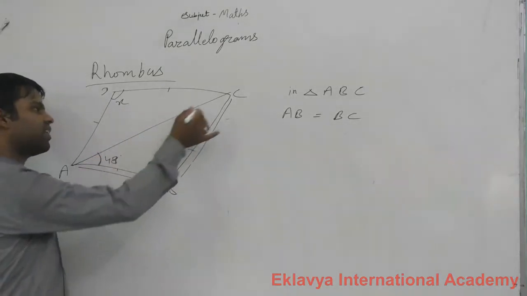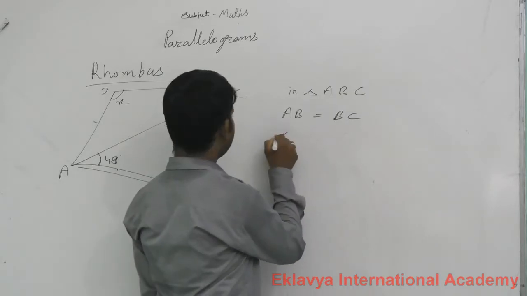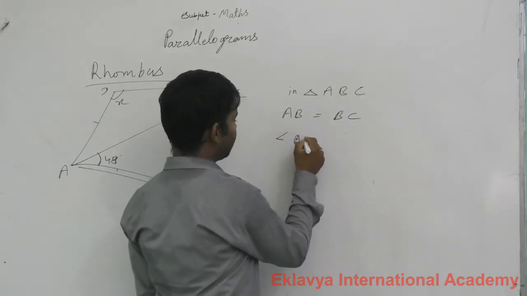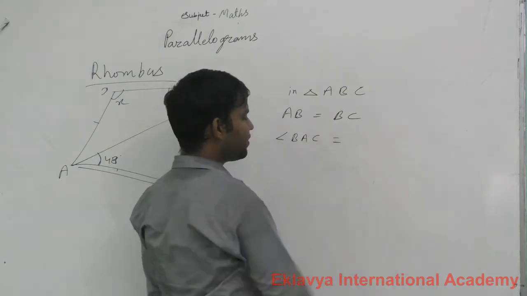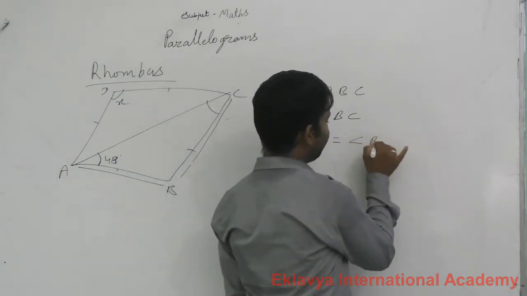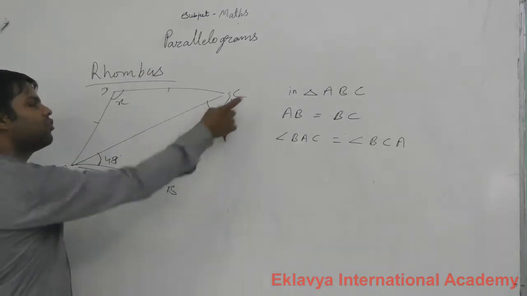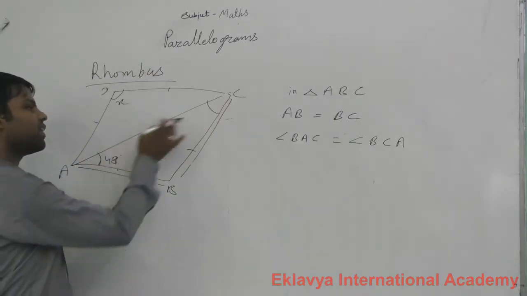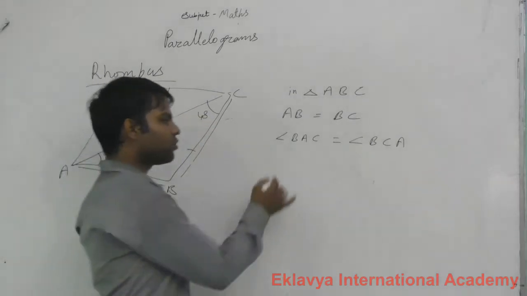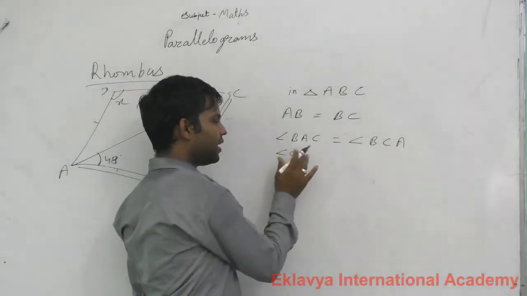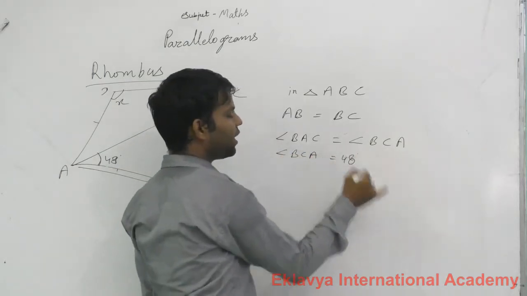So the first angle is equal to the second angle. So angle BAC is equal to angle BCA. Both angles are equal, so if one is 48 degrees, the other is also 48. So angle BCA is also 48 degrees.